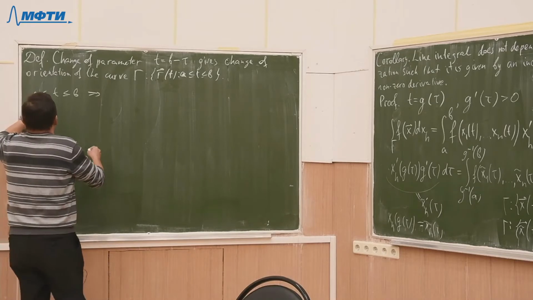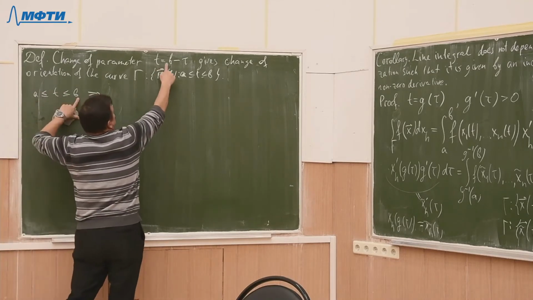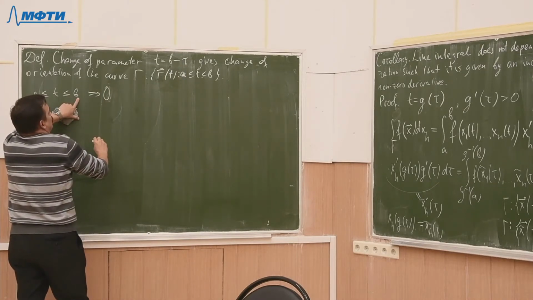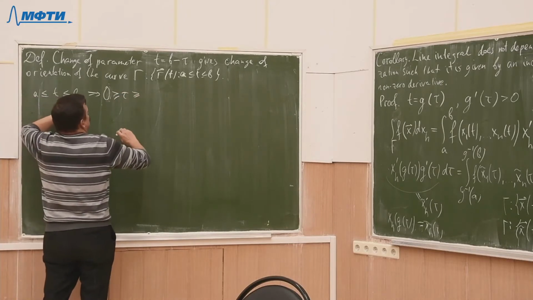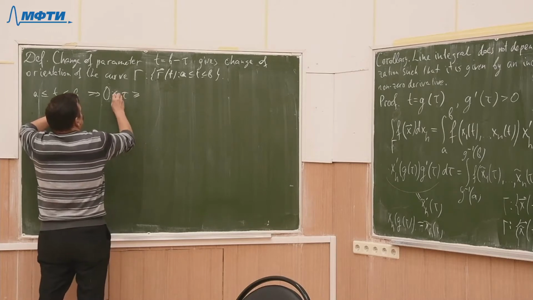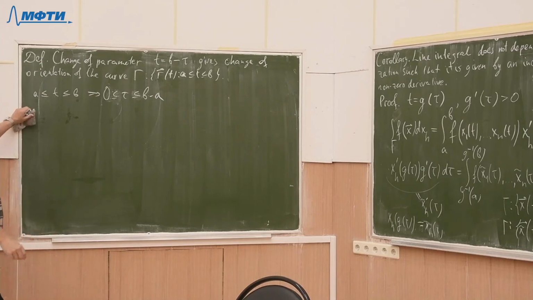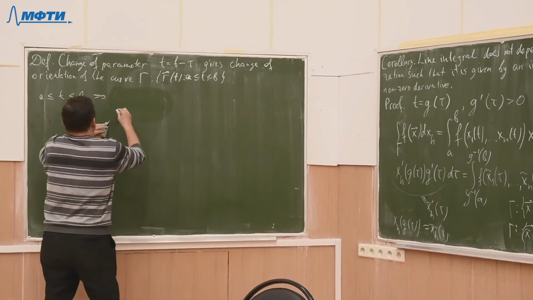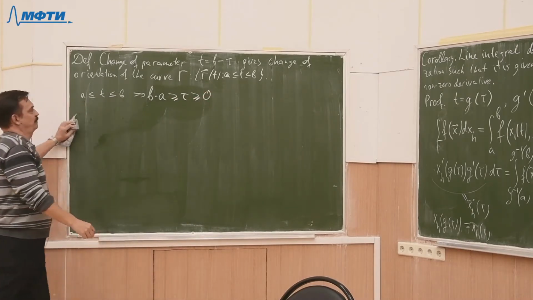And if we substitute b, then tau is 0. Yeah, it's better to write like that. So tau goes up to b minus a. Let me change it, otherwise it's not clear. Let me write like that. Yeah, that is better.